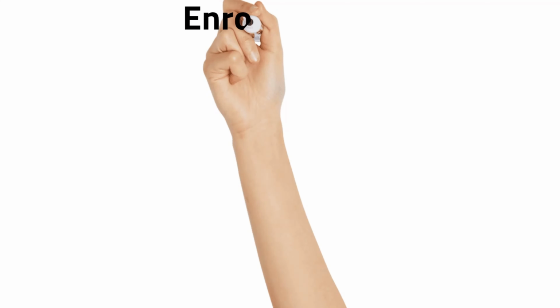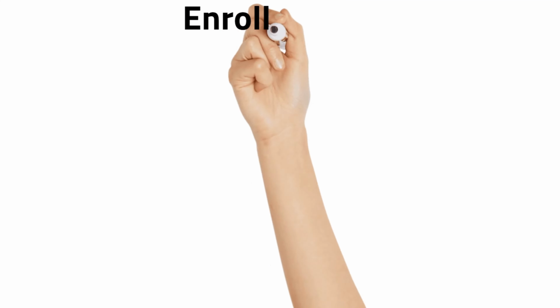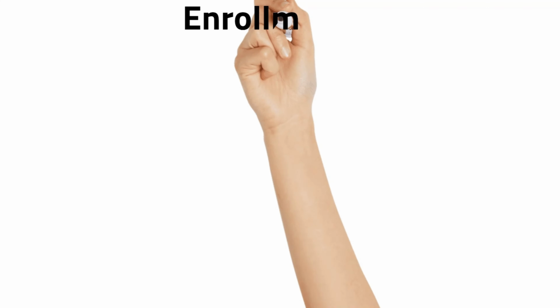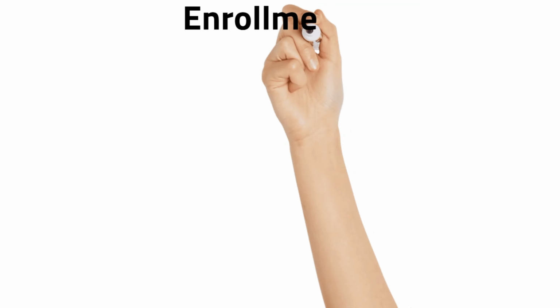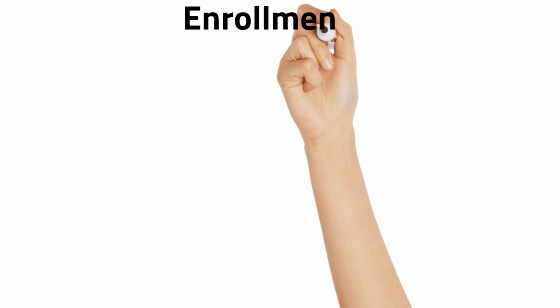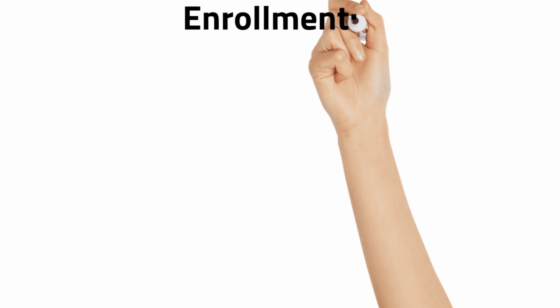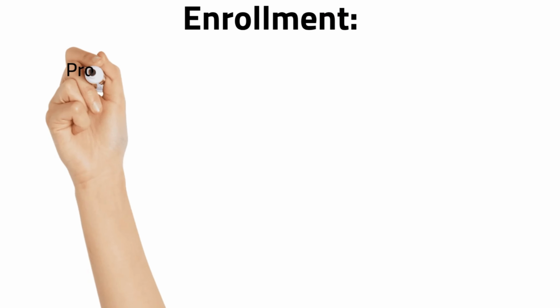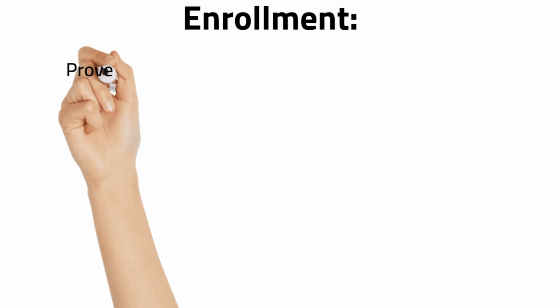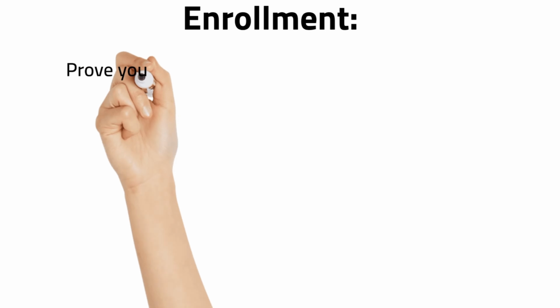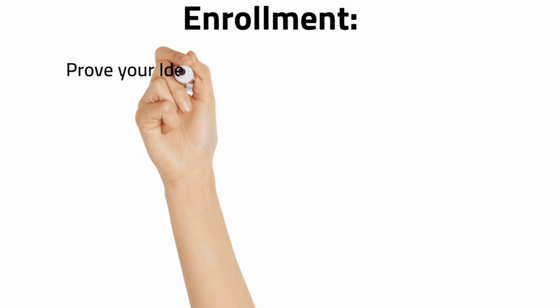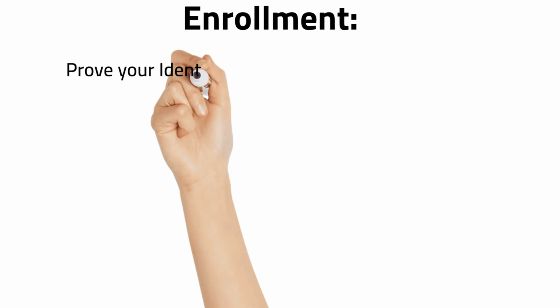Let's see how the enrollment process works. You must first prove your identity to the CA, either directly or via a credit report or some other identification, by sending via email to the certificate authority. This process is called enrollment.